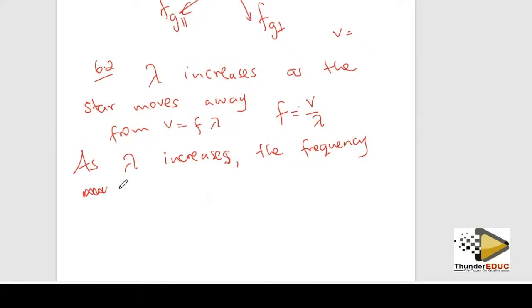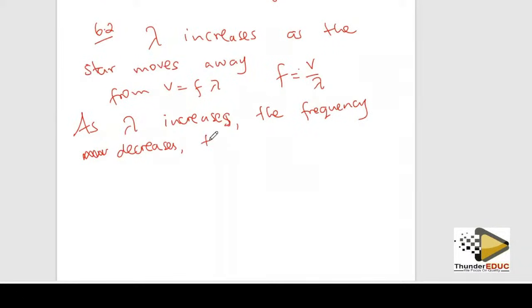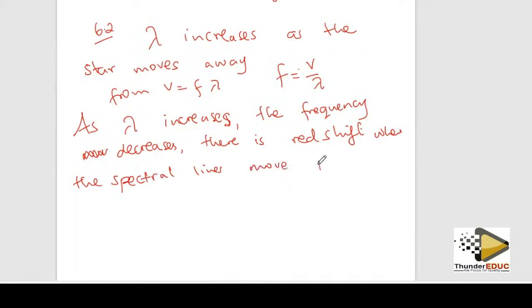So what does this mean? It simply means that there's going to be a redshift, where the spectral lines will move towards the red, the orange, and the yellow kind of thing. So that's what we call a redshift.